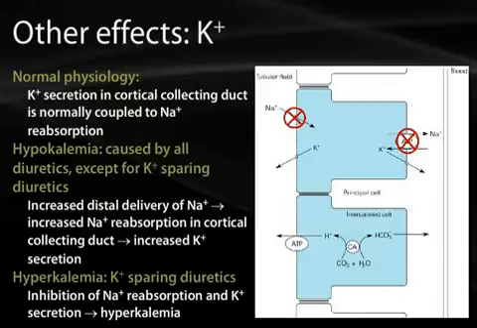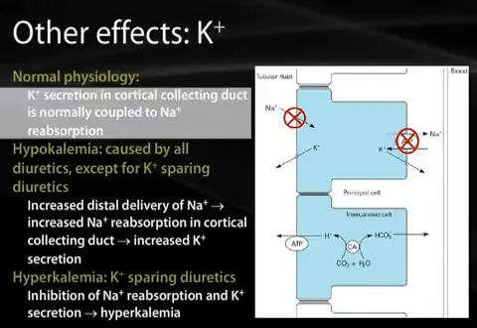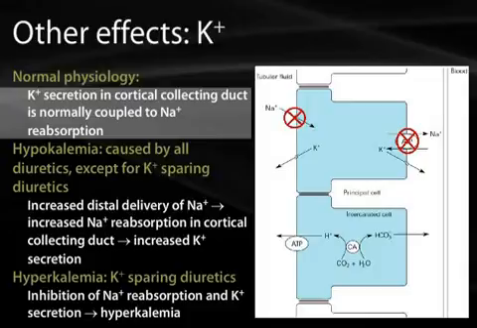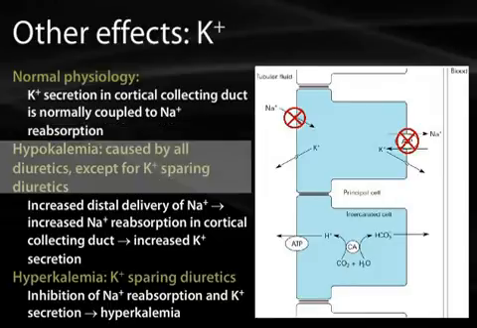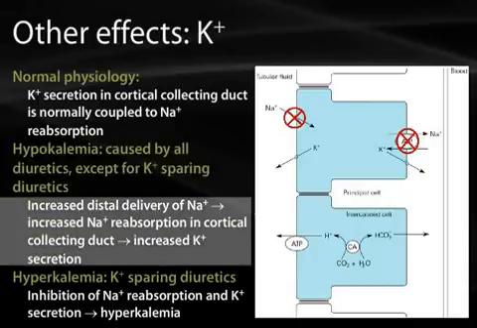Let's just go through the effects of diuretics on potassium. In normal physiology, potassium secretion in the cortical collecting duct is coupled to sodium reabsorption, as we've said. This is how hypokalemia is a result of all the diuretic use except for diuretics that act specifically in the collecting duct. With increased distal delivery of sodium, there are increased sodium losses, volume depletion, and activation of the renin-angiotensin-aldosterone system.